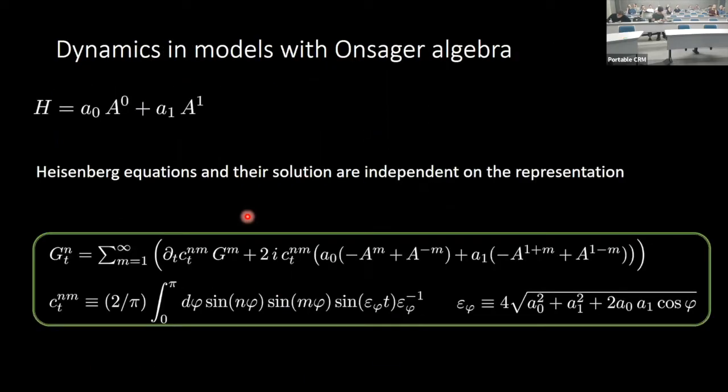What is good with the Onsager algebra is that as long as we have got the answer for the Heisenberg operator, it is valid for any representation, because the von Neumann equation amounts to just taking commutators, and the result of the commutation is determined by the structure of the Onsager algebra and not by the representation.